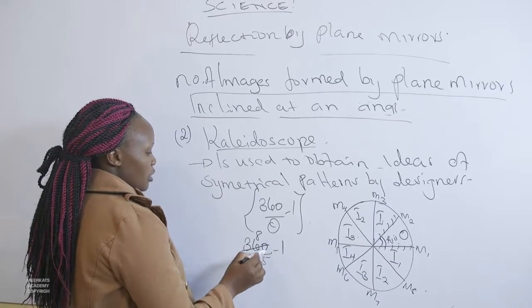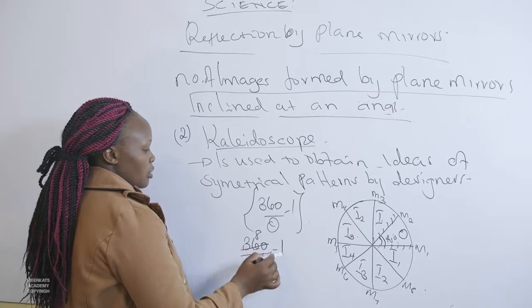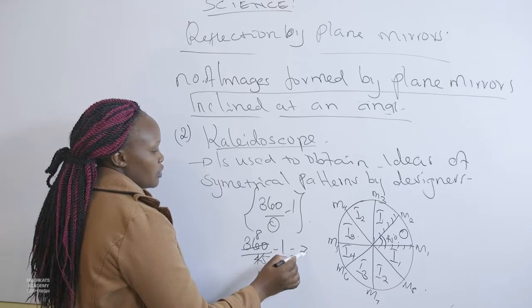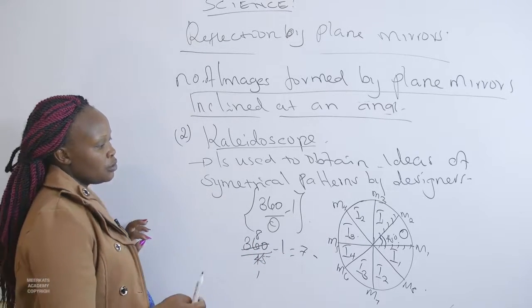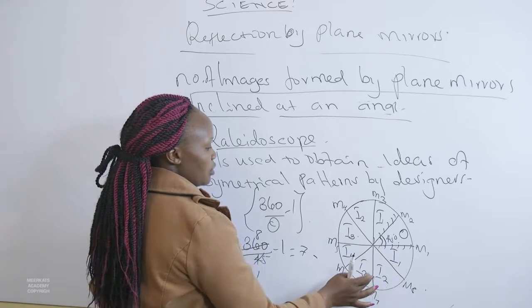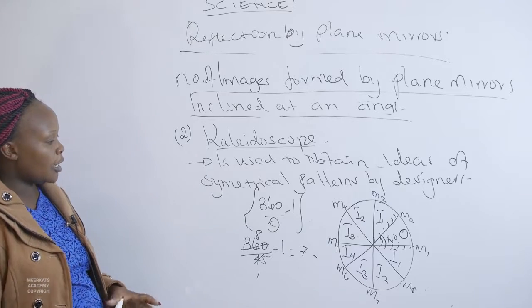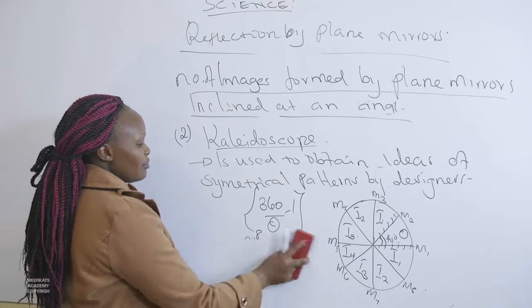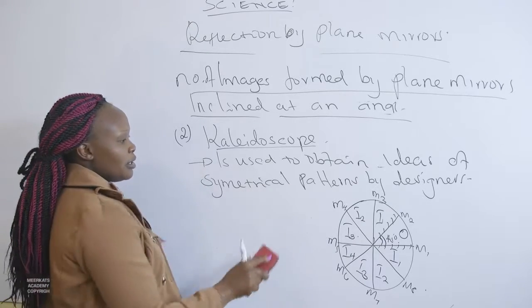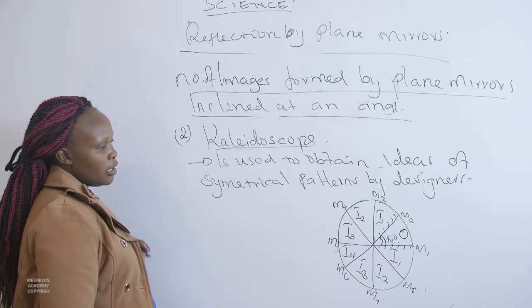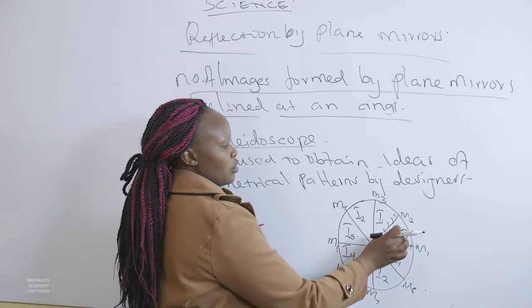this one gives you 8. 8 minus 1 gives you 7. So you should have 1, 2, 3, 4, 5, 6, 7 images. And that way, you will have multiplied one image. You will have multiplied an image of this object.